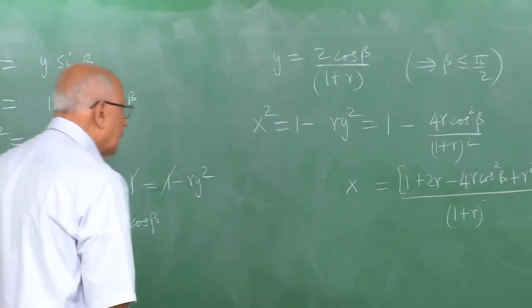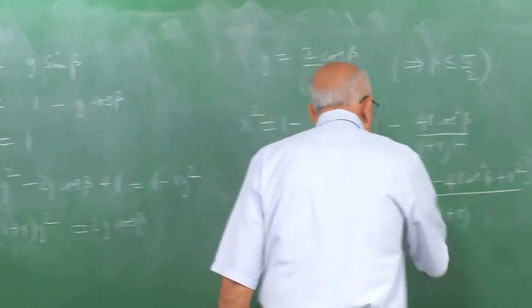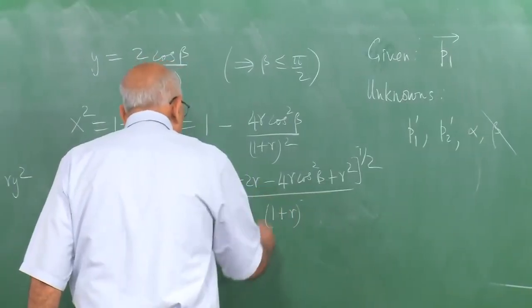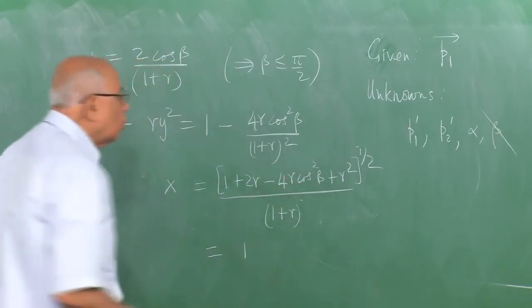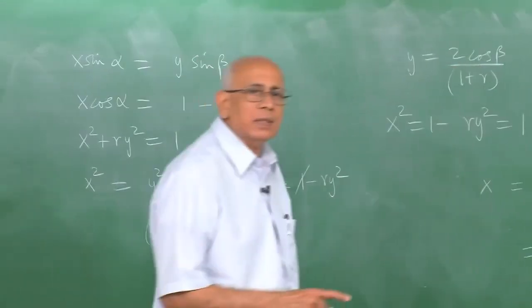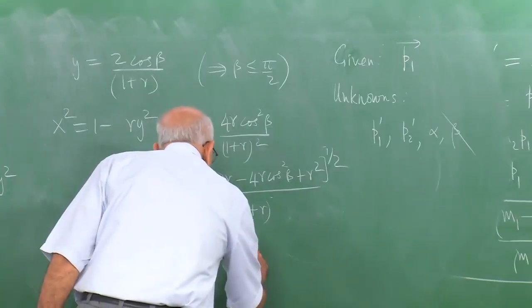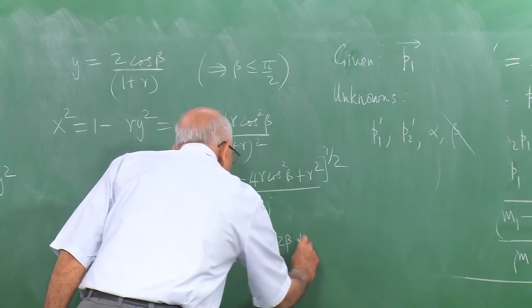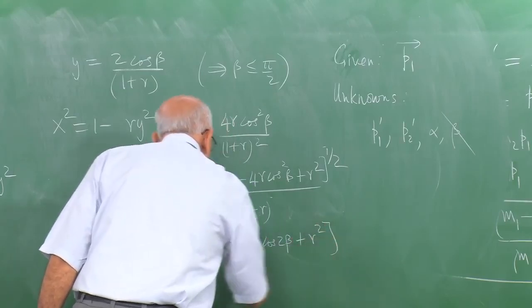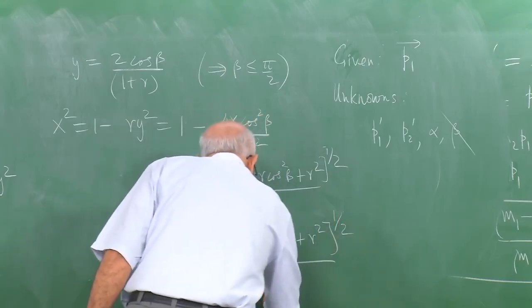But we can simplify that a little bit. I can do that by writing this as 1 plus r squared and then a 2r, so it's 1 plus 2r, 1 minus 2 cos squared beta, that's minus cos 2 beta. So this is equal to 1 plus r squared minus 2r cos 2 beta, to the power half, divided by 1 plus r.